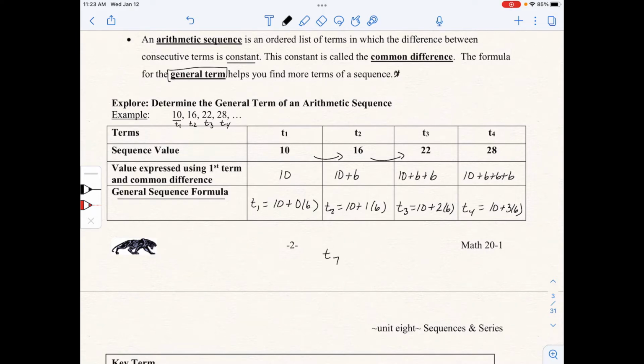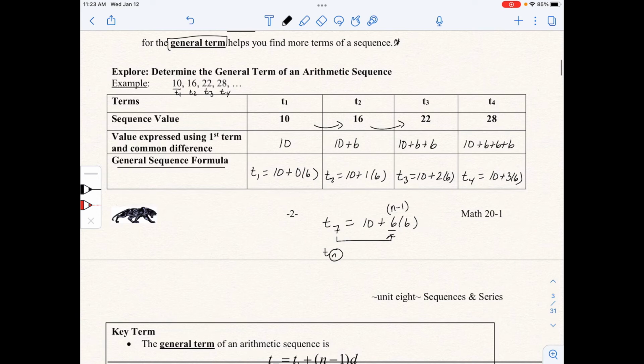If I wanted term 7, I would say I've got 10 plus 6 differences. So whatever this number is, this is 1 less. If this is Tn, where n is 7, this would be n minus 1.